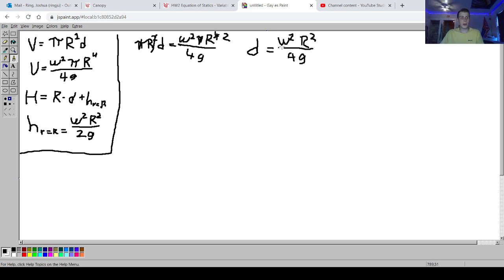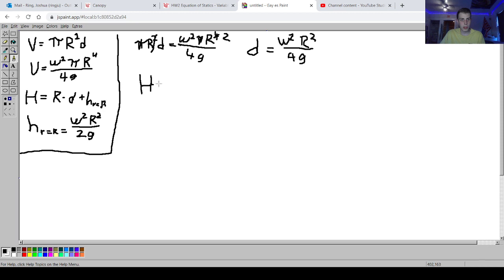So now that we have our dip, we also have our r here, that's known, and we have our h at r equaling r down here. We are now able to plug all of these values into this height formula.